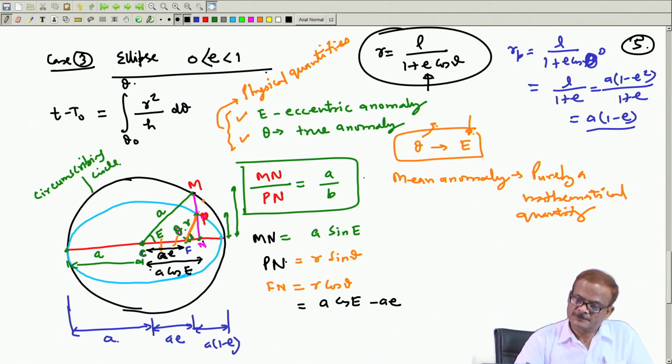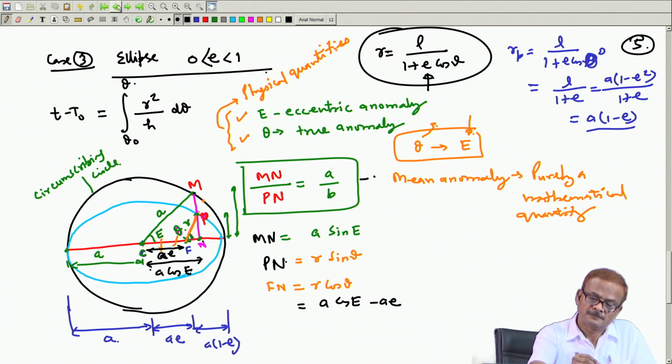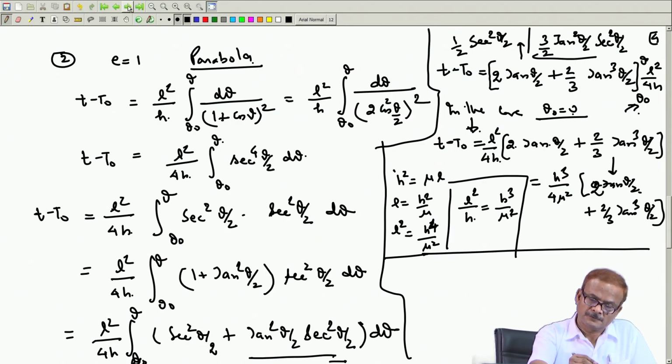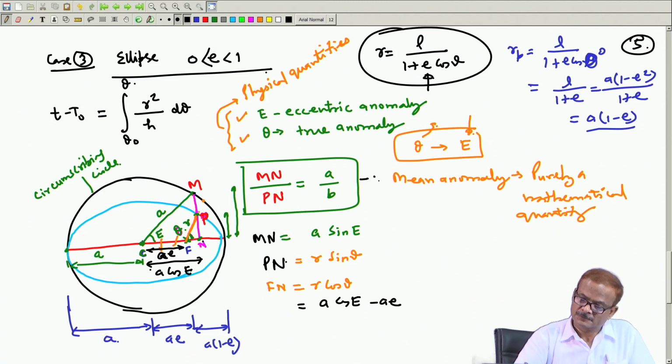So, this we write as equation number 1 here, this is 2, 3, 4 and 5.